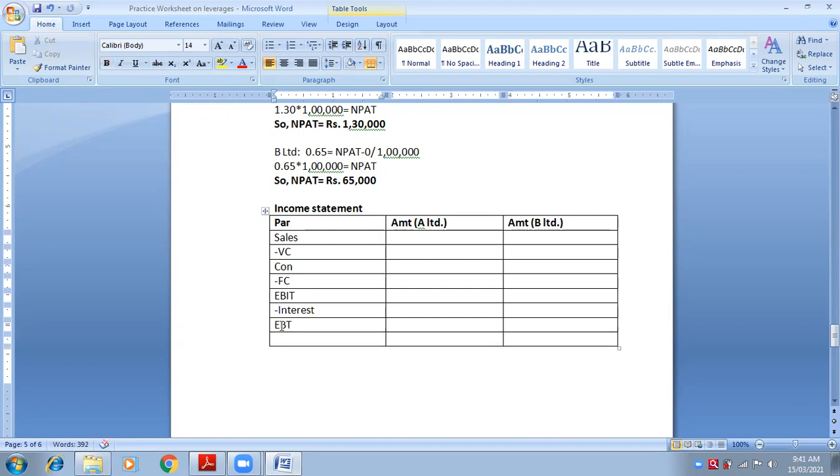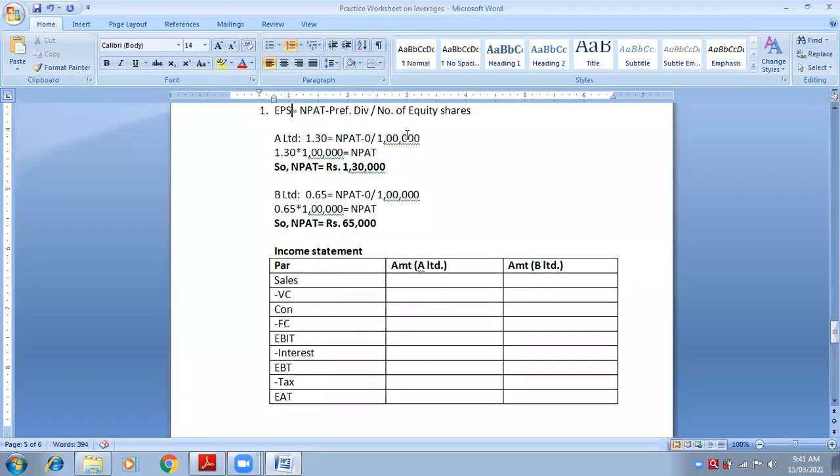So after EBT, what do we do? Less tax. So what do we get at the last? Earnings after tax. But just now I have got earnings after tax of A Limited and B Limited. We have found out net profit after tax with the help of the EPS formula. Net profit after tax is nothing but earnings after tax.